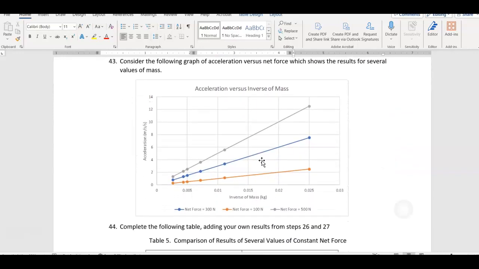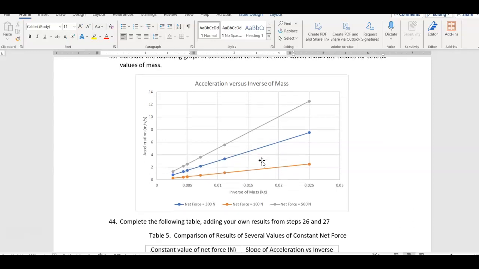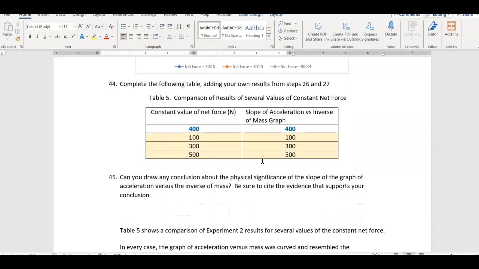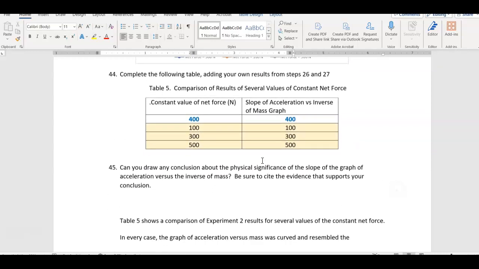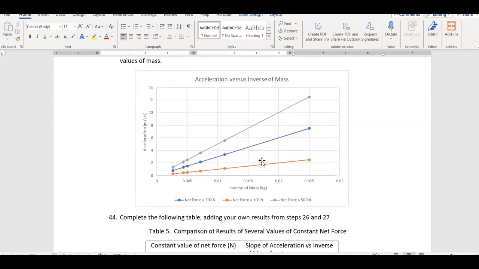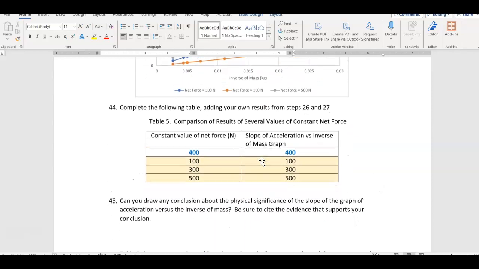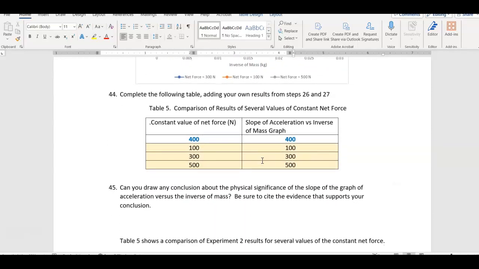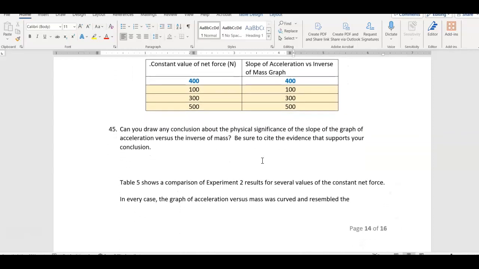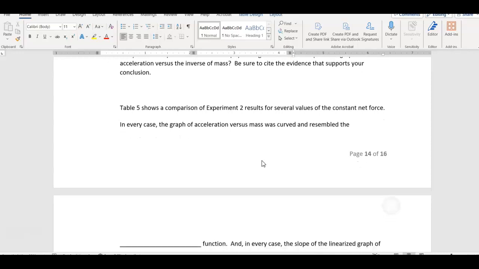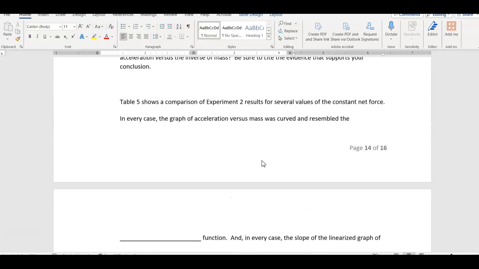So then we have in step 43, some additional experiments were run using different values of net force. And so we see they're all, when we graphed acceleration versus inverse of mass, they're linearized. We're just going to put our data in that same table. And then we can talk about what the slope of the acceleration versus inverse of mass means.